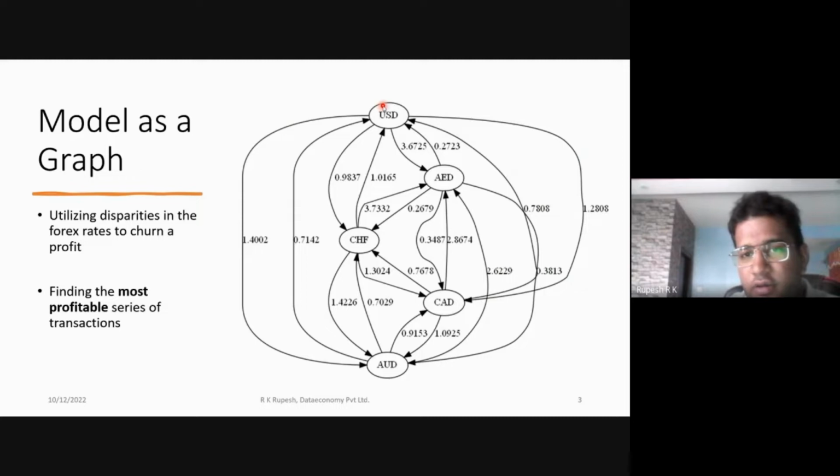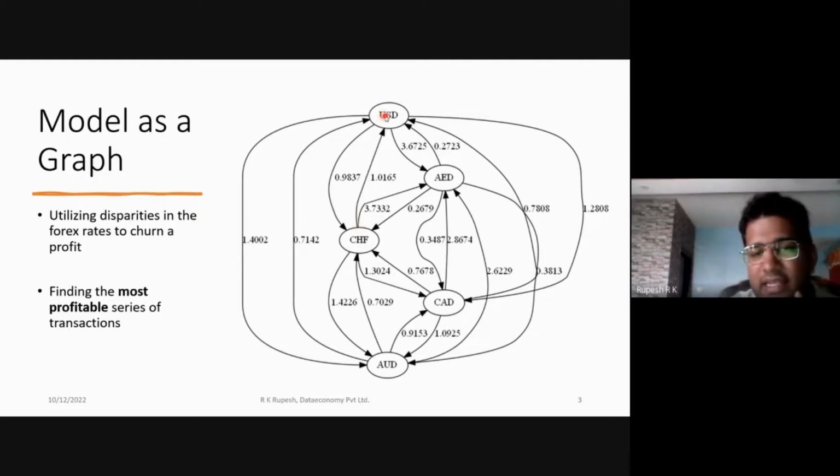So here we have a graph of the problem. What do we have here? We have these vertices, which are essentially the different currencies that we have. All of these currencies are interconnected by certain conversion rates. And if you notice, you will see that these graphs are bidirectional. So there is an arrow going from USD to francs here, but then there'll also be another conversion rate going from this point to this point.